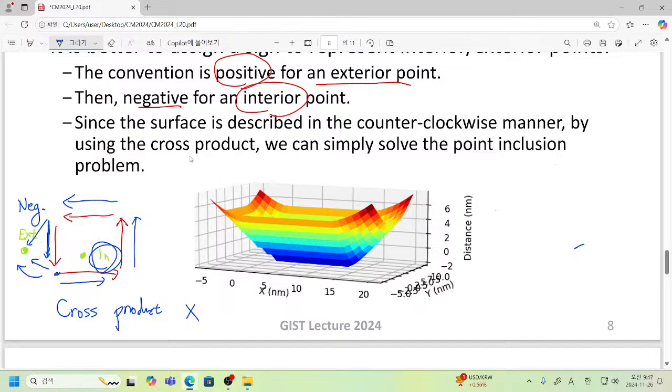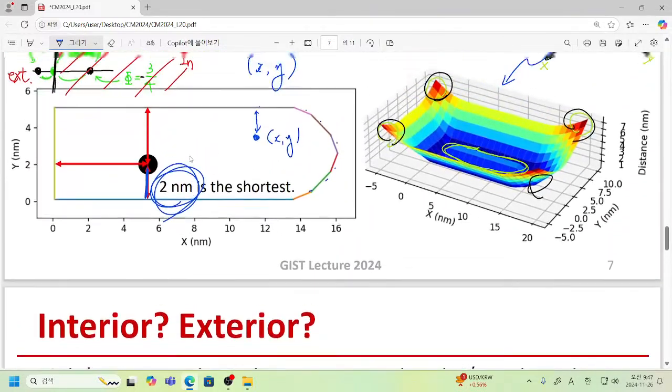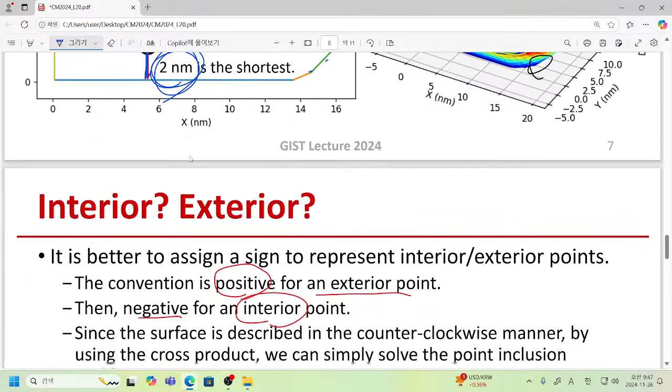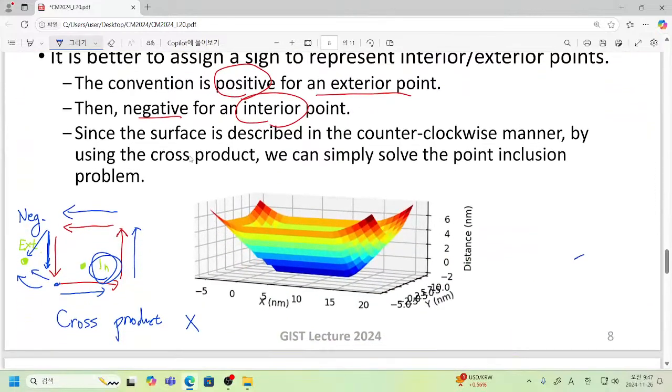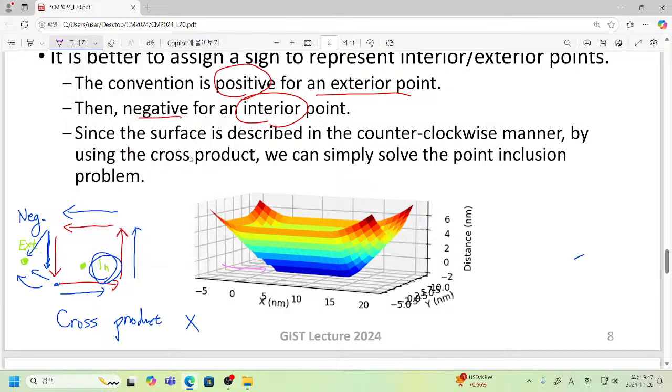So the difference between the previous one, this one was just the unsigned distance, and now I assign the sign. If we have interior points, then just multiply the distance by -1.